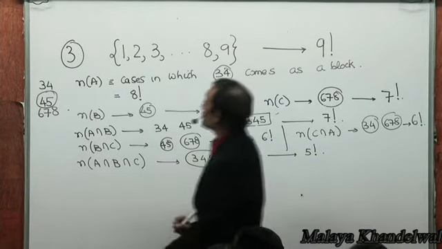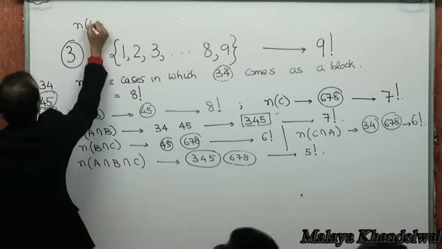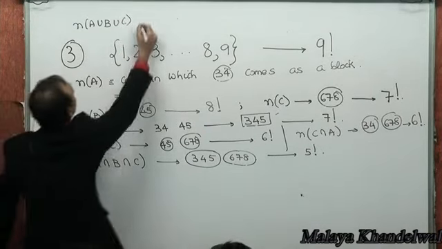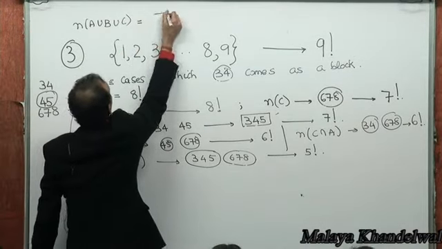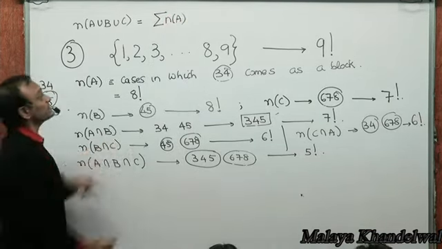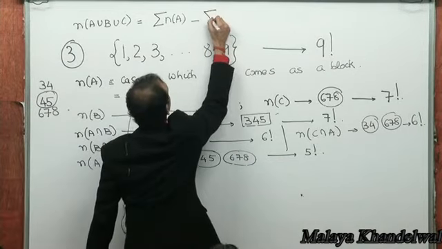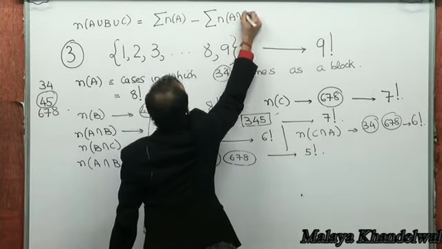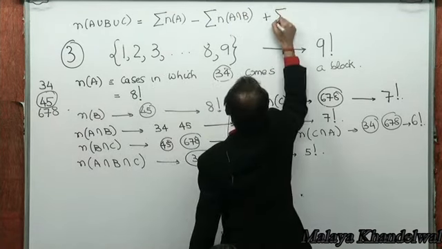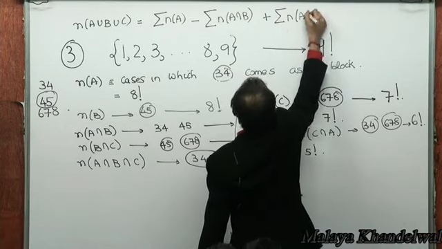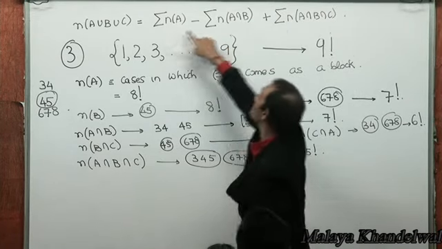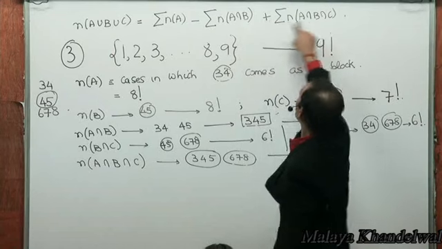Yes or no? So number of cases in which A or B or C, that means at least one of them would come, would be from the principle of inclusion-exclusion: summation NA, which is NA plus NB plus NC, minus summation N of A intersection B, that means AB, BC and CA, plus summation N of A intersection B intersection C, which is just one term.